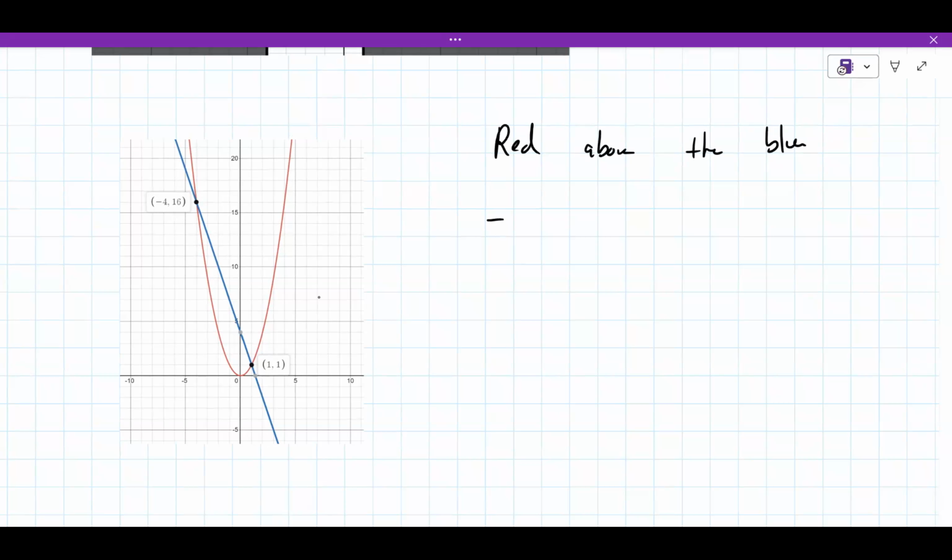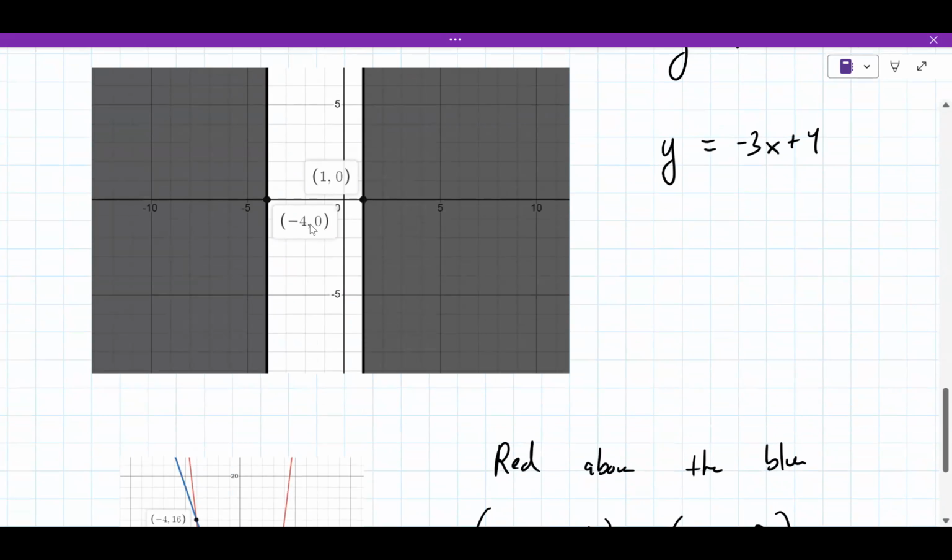It's above the blue from minus infinity to -4, and then 1 to infinity. But how do we get that from this? It's the shaded region, but you have to recognize that it goes from minus infinity to infinity.